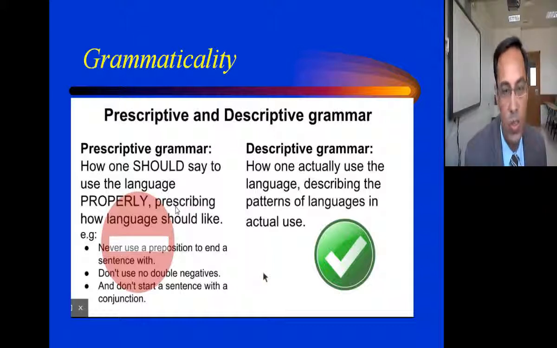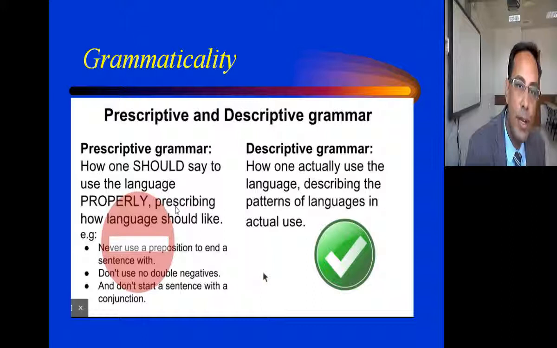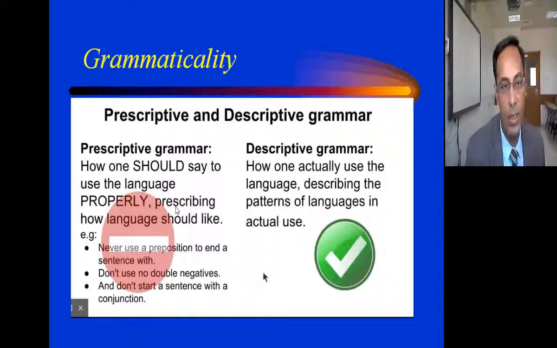For example, never use a preposition to end a sentence with. Don't use double negatives. And don't start a sentence with a conjunction. This is grammar as written in grammar books.